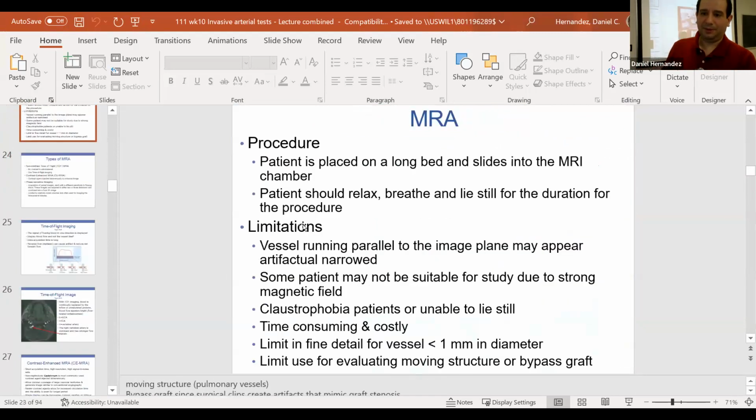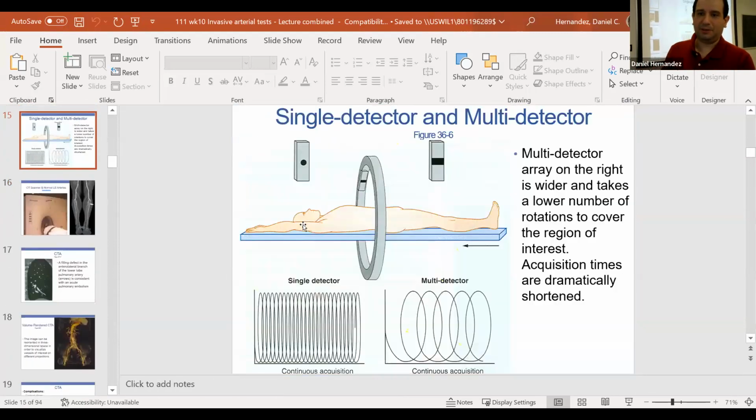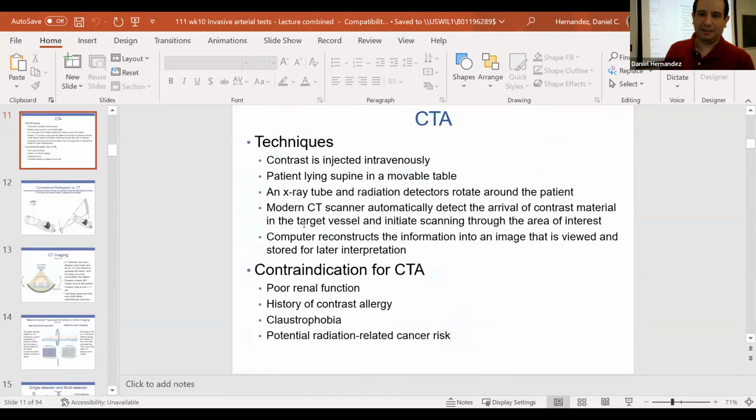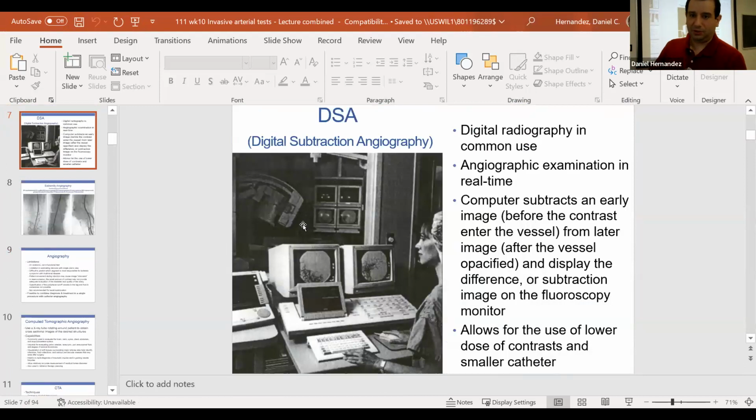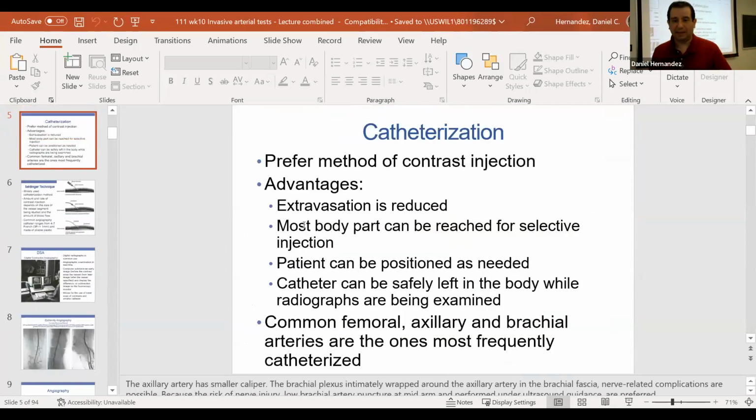So basically for the exam, I want you to know, for these invasive tests, like I said, angiography is the gold standard. Digital subtraction angiography utilizes X-ray. You have to utilize contrast, so it's invasive.